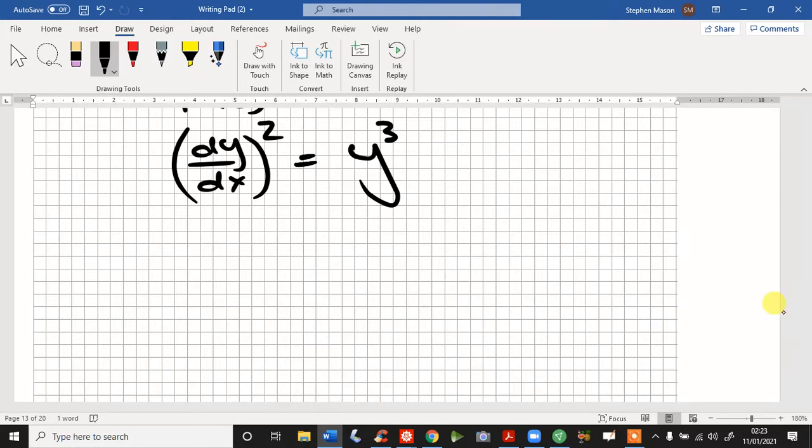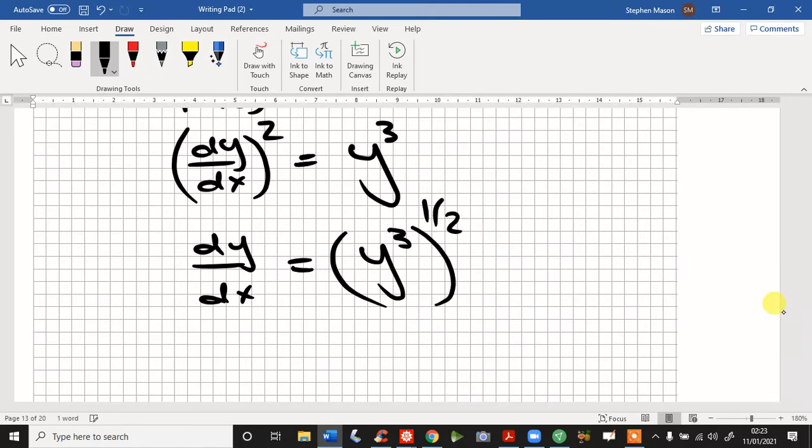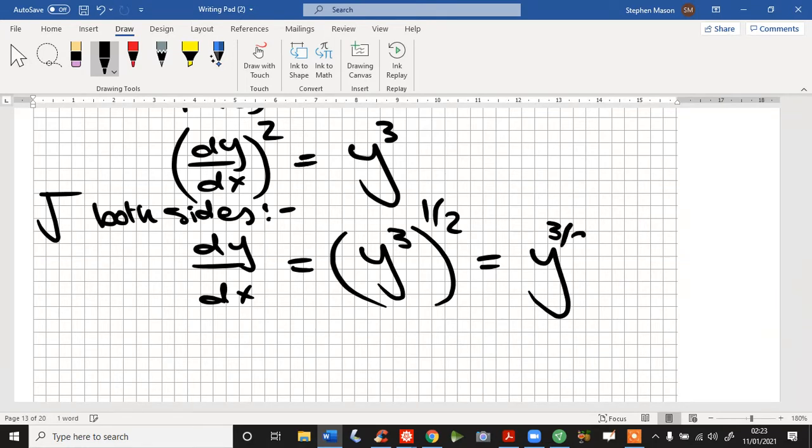So we've got dy/dx equal to y cubed all to the power of half. We've square rooted both sides to get this, and that on the right-hand side simply becomes y to the power 3 over 2.